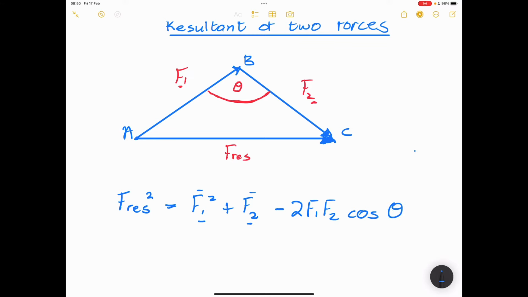So I want you to remember how to use the cos rule if you've got two sides and an included angle.